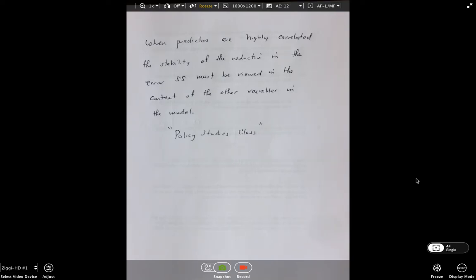But they made me take this policy studies class. And one thing I always remember my professor saying is, in terms of policy and setting policy, if two people always agree, then one of them isn't needed.